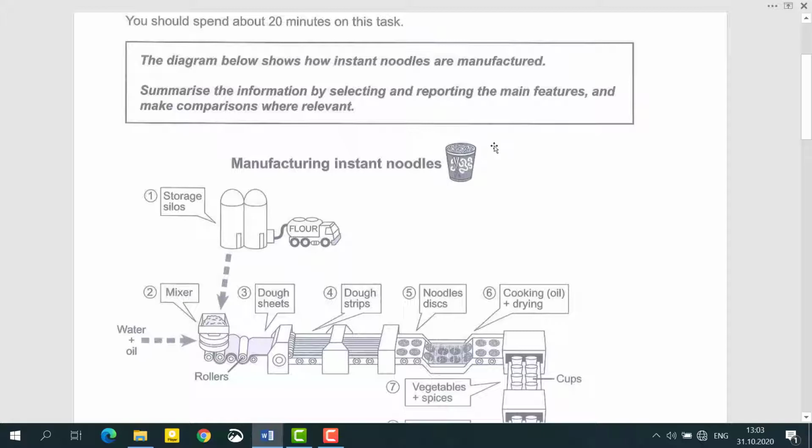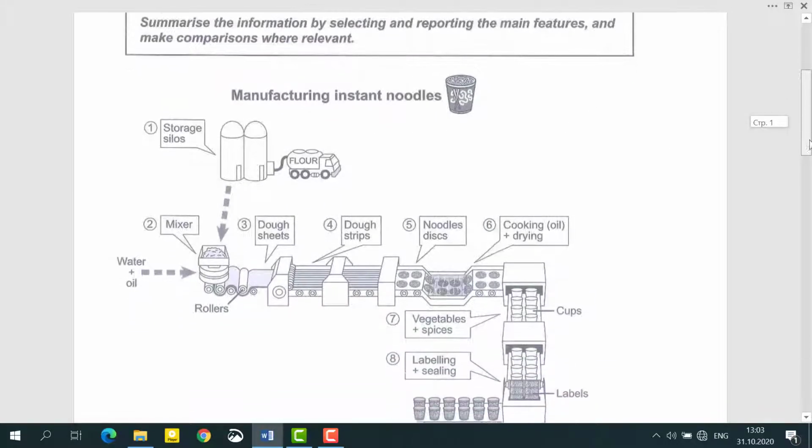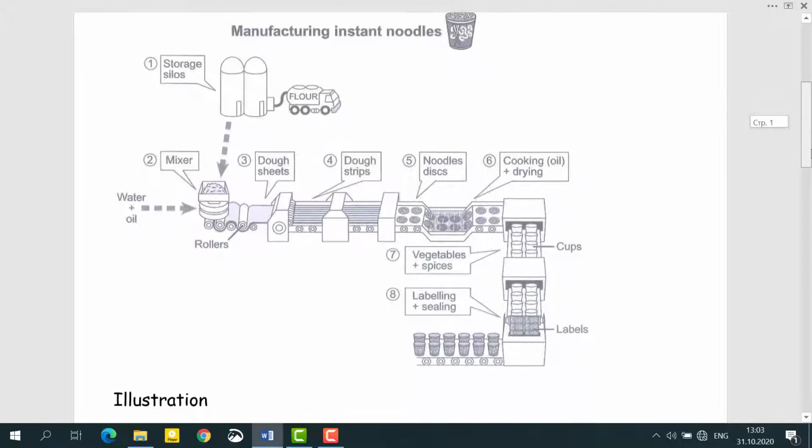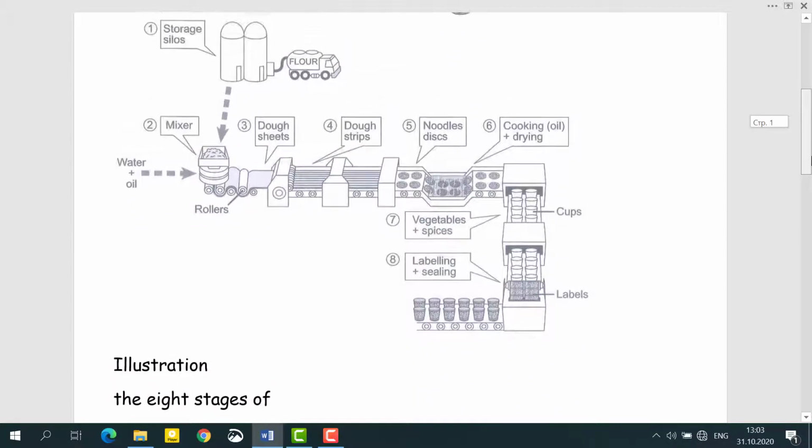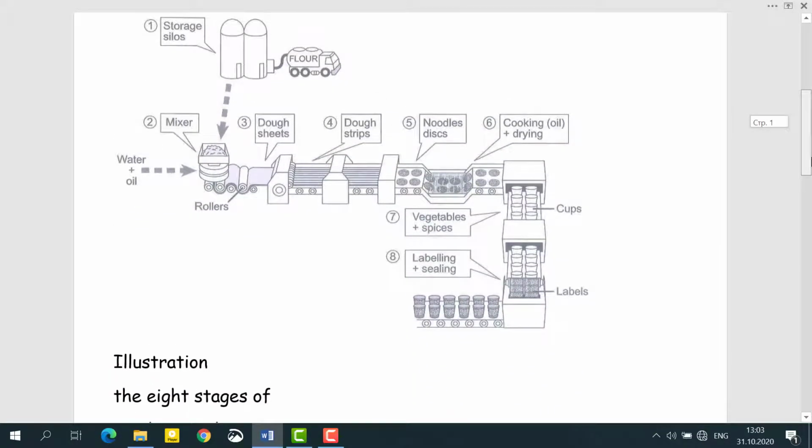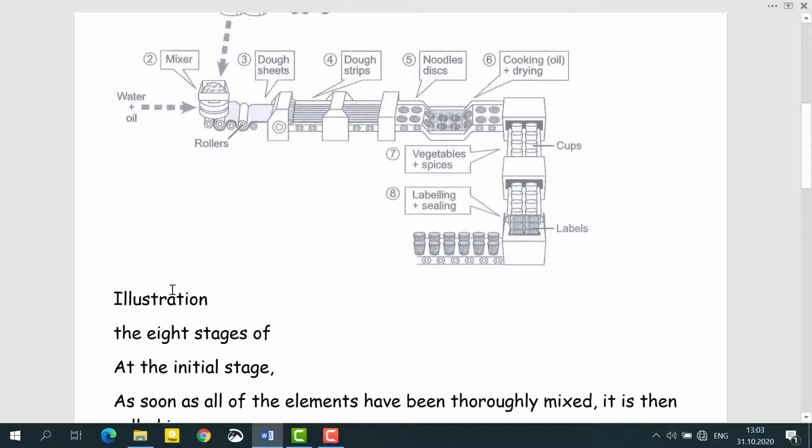Okay, so here we've got several stages of manufacturing instant noodles, and we have to describe all of these stages in detail. So what kind of keywords can we use here? For example, we can say that we see the illustration. It's not a bar graph, it's not a line graph, it's an illustration.